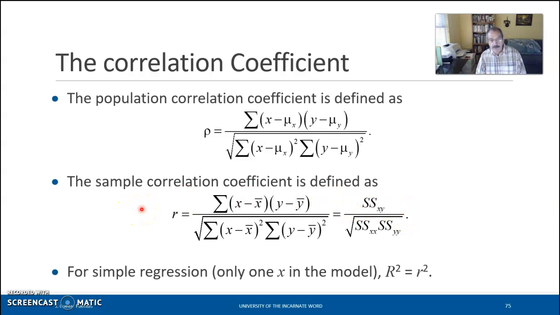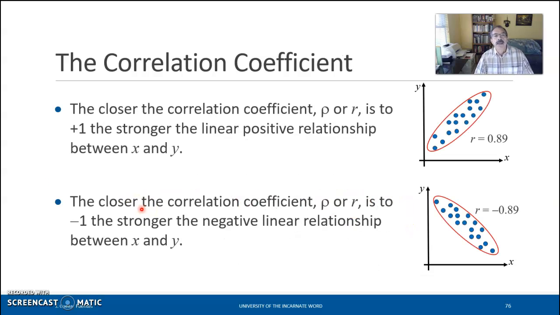All right, the way to interpret the correlation coefficient is that the closer it, either rho or r, is to +1, the stronger the linear relationship between x and y. I use these red ellipses to give you an idea of how close the points are aligned onto a straight line.